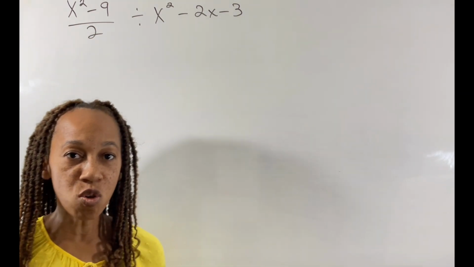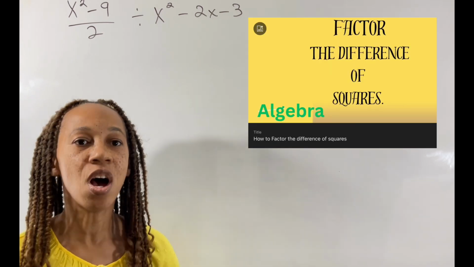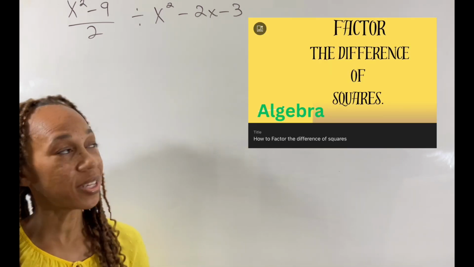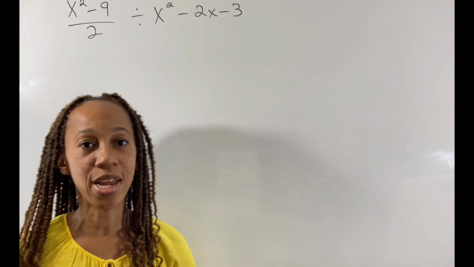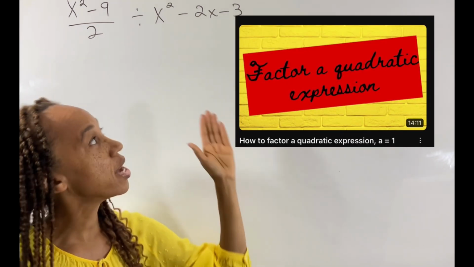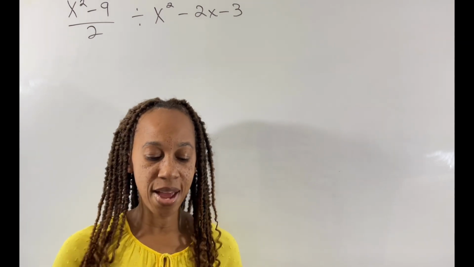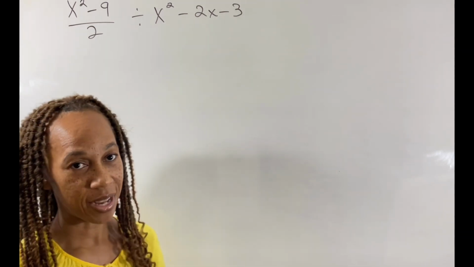If you don't remember how to factor a difference of squares, you can go back and watch my video on that. And if you don't know how to factor a trinomial, you can also go back and watch my video on how to factor a trinomial, and that will guide you. But in this event, I am going to go ahead and factor them for you.